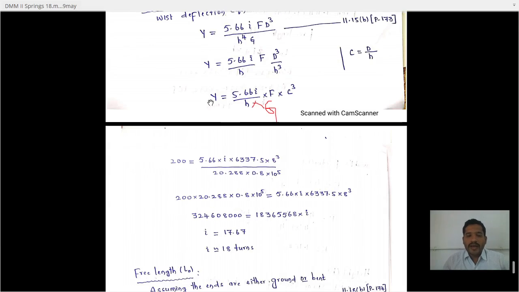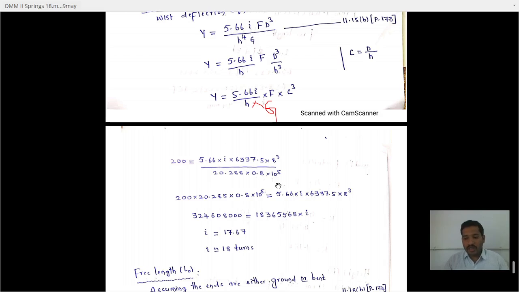So the deflection value y is 200, equal to 5.66 into I as it is. The F value we got here is 6337.5. The spring index value is 8, power cube, by the height, which is 20.288, into the modulus of rigidity of the material, given as 0.8 into 10 power 5.